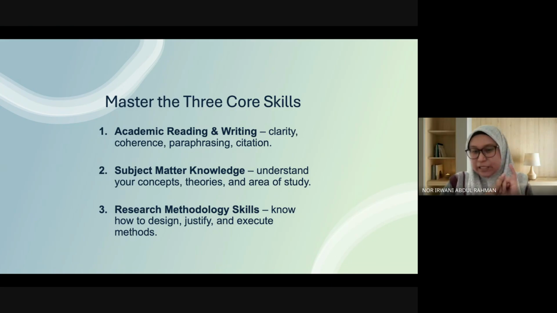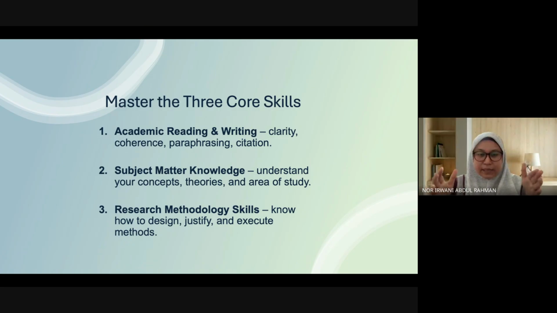Number two, you are learning your subject matter knowledge. It means digital marketing, financial resilience, financial services products, relationship benefits, staff commitment, new technology acceptance.